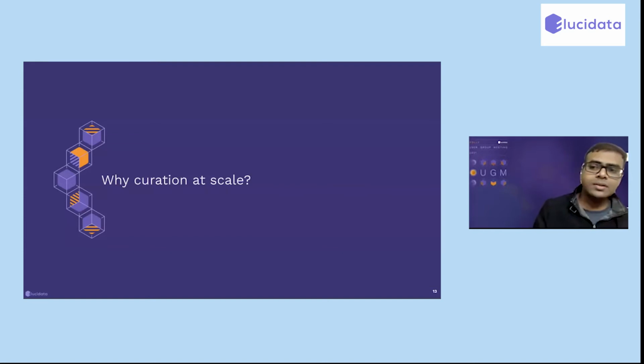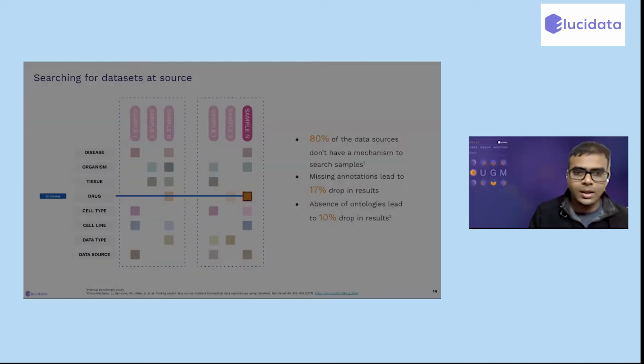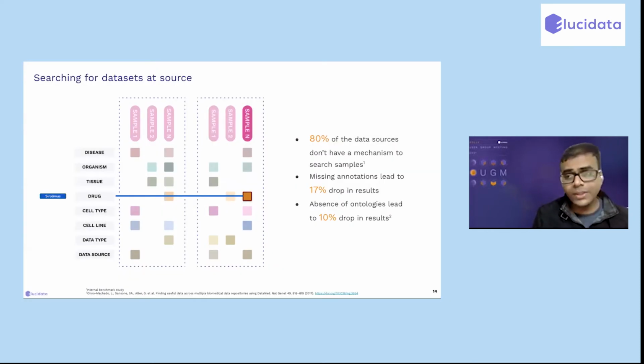Now, why do we need this curation at scale? What's the utility of this? What's the value proposition? One first, very obvious one is searching for datasets and finding more data. Every time we are grasping for data in the preclinical world or in the clinical world as well. But we believe those datasets are actually available out there, and we just need to grasp them and make them more searchable.